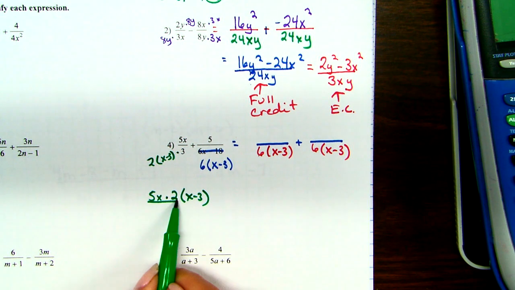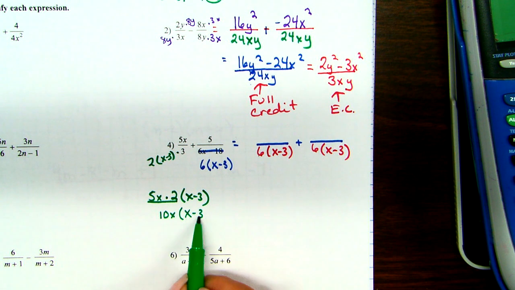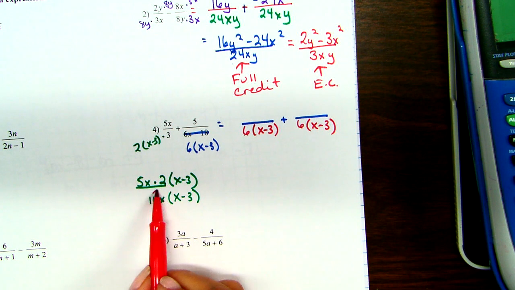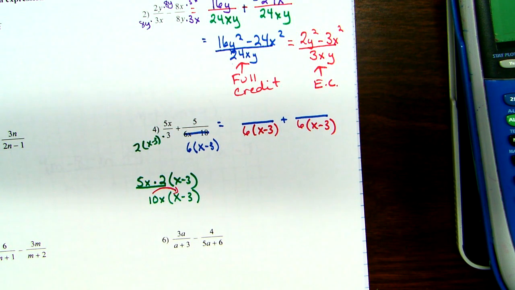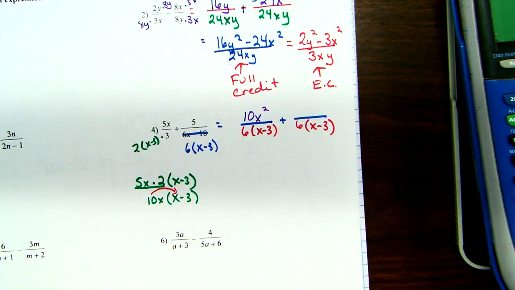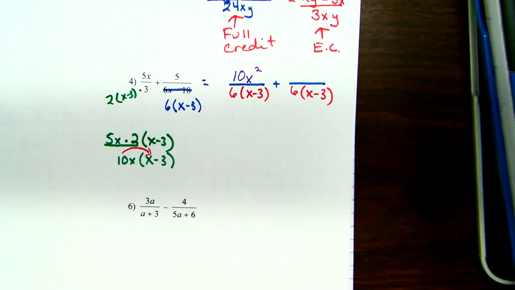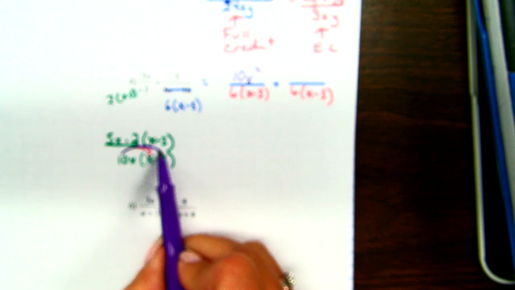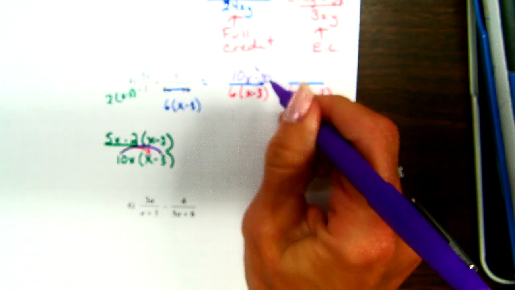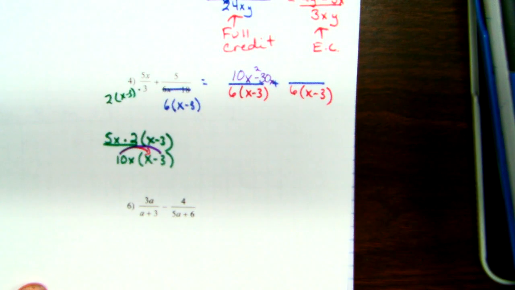So put these together, that's 10x, and then just distribute. Okay, 10x times x is 10x squared. And 10x times negative 3 is negative 30x.